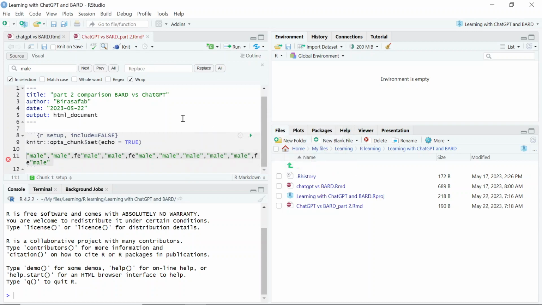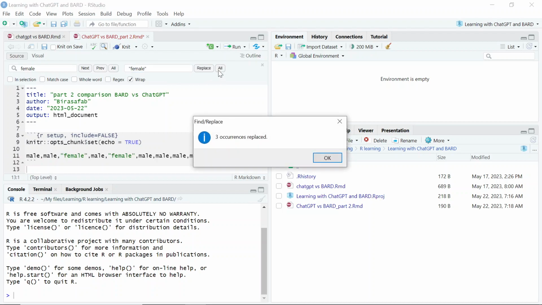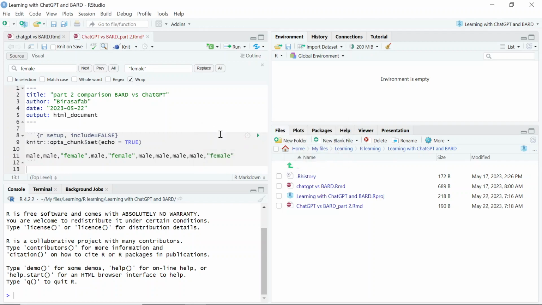I should have started with female. Let me start with female, then here double quotes female. Then I'm going to check for male.